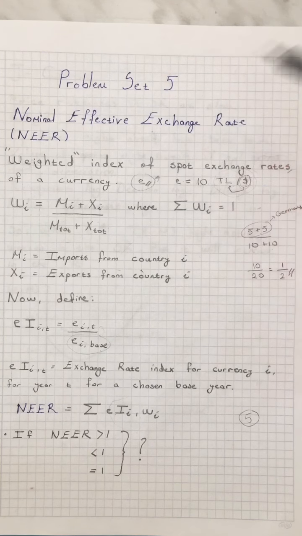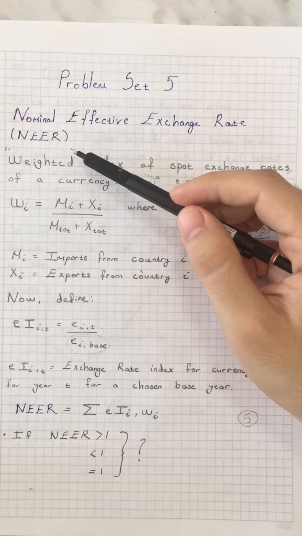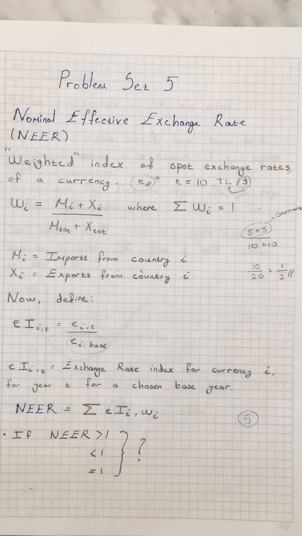So we want to know if our currency is gaining or losing value compared to all of the currencies. And we do this by weighting our index, because if your currency is depreciating or appreciating with a country that you have strong trade relations with, that will affect you more. But if your currency is depreciating with a country that you have no relations with, that will not affect you, right?